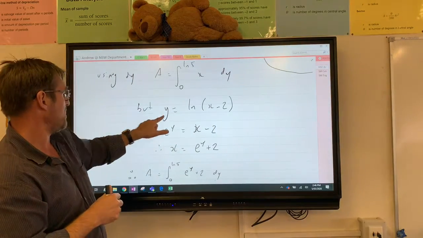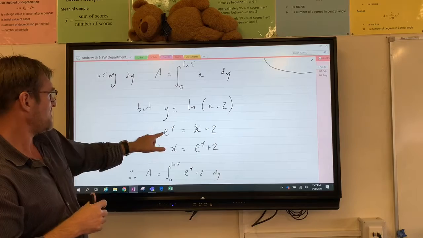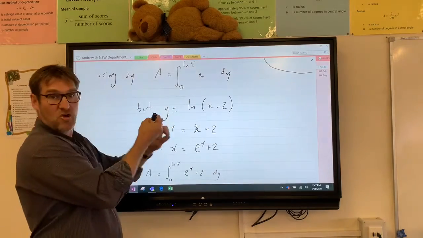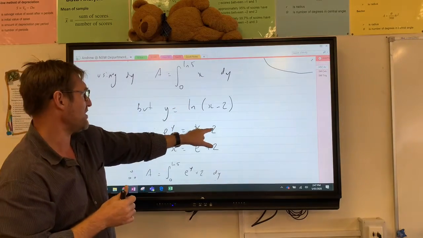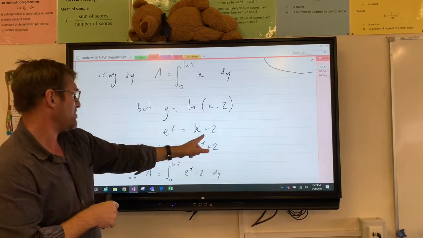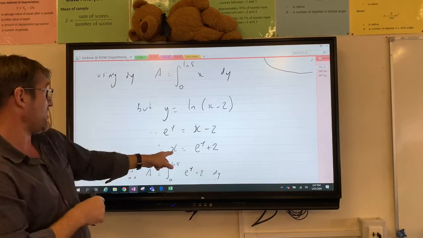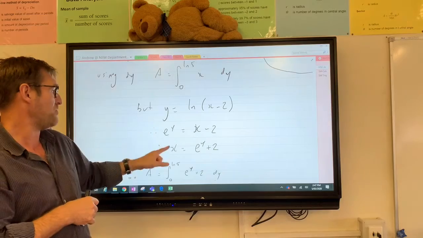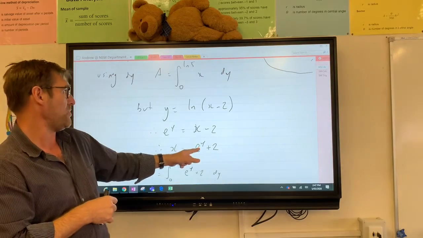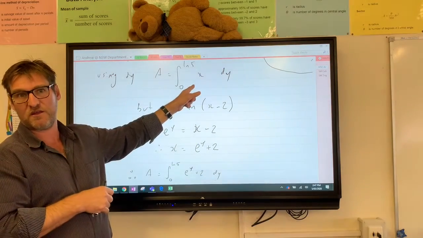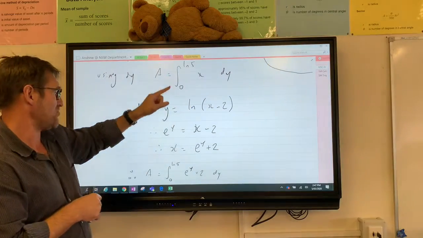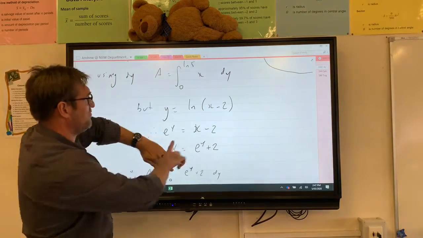I'll do e to the y, e to the y. So e to the y is e to the log, so the e and log will cancel out. So I'll just leave x minus 2. Chuck the 2 to the other side. Now I've got x by itself. X by itself is e to the y plus 2. I'm going to just put that in there. So I'm going to replace the x with stuff just in terms of y.